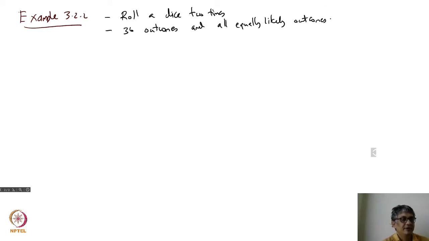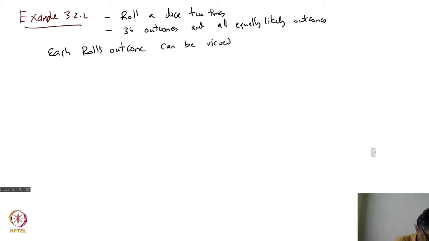Then we tried to understand various events. But now we come at it the following way: each roll's outcome can be viewed as a random variable.